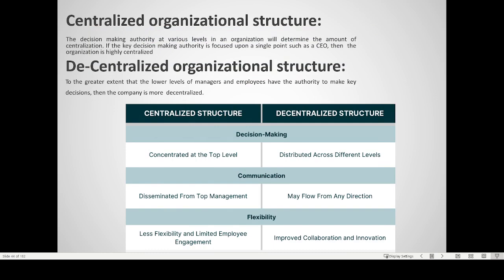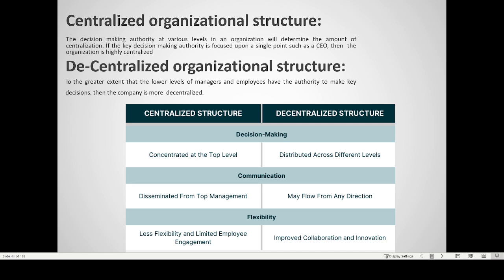Now we're going to have a small comparison between centralized organizational structure and decentralized organizational structure. For the comparison, we will start directly with the table. Centralized to the left, decentralized to the right.